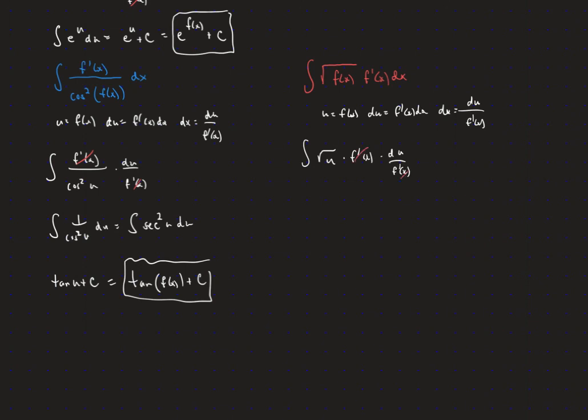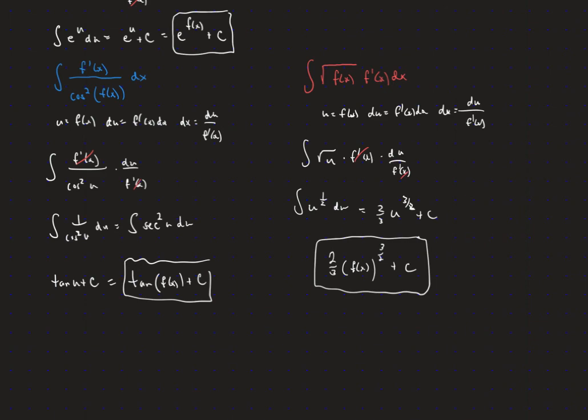We get rid of that extra f prime, and in integral friendly form, we'll write it as u to the 1/2. So we'll add 1 to the exponent, multiply by its reciprocal, and then go back to what we had substituted for, and we'll get 2/3 times f of x to the 3/2 plus c. Very good.